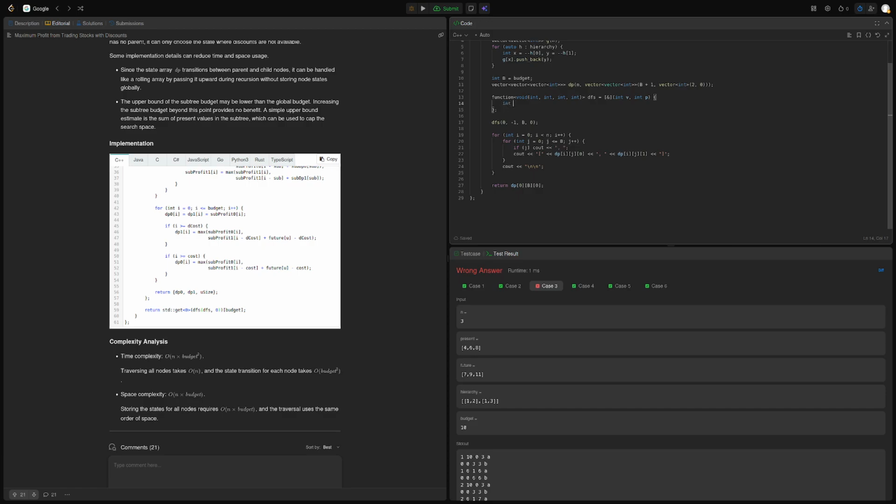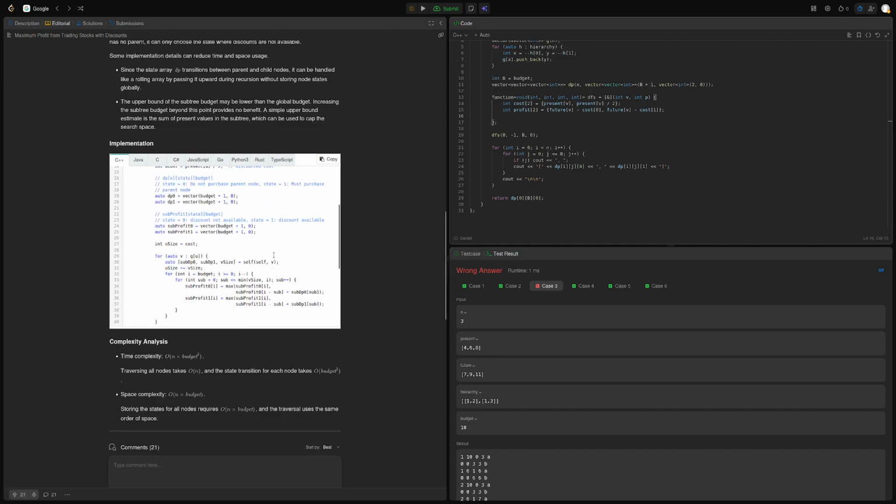So int cost to present v, present v divided by 2, int profit to... what's sub profit?